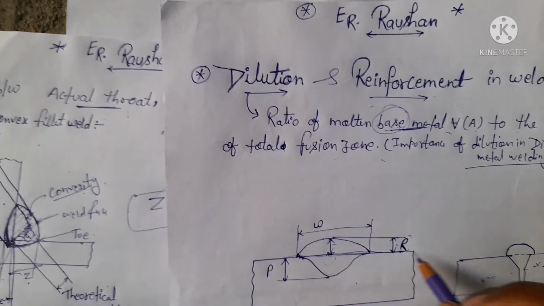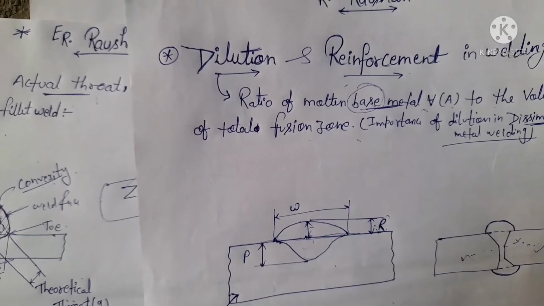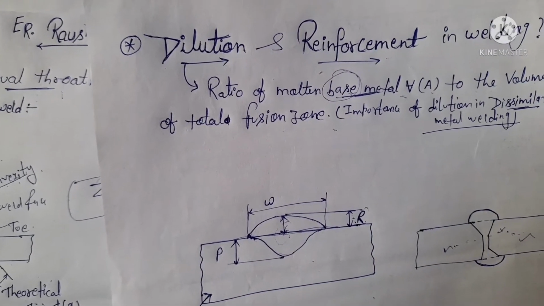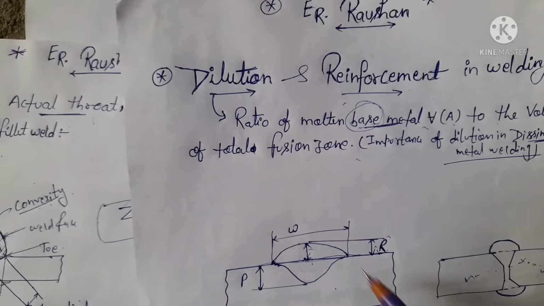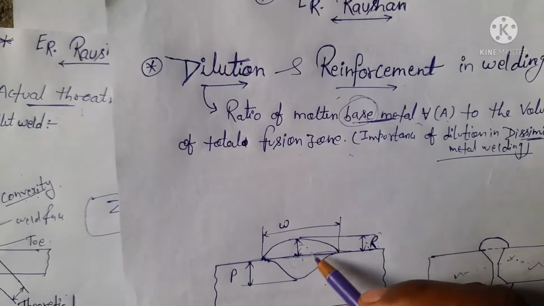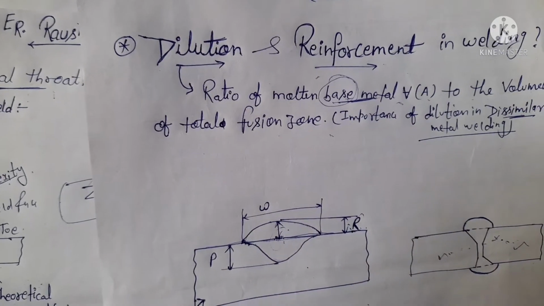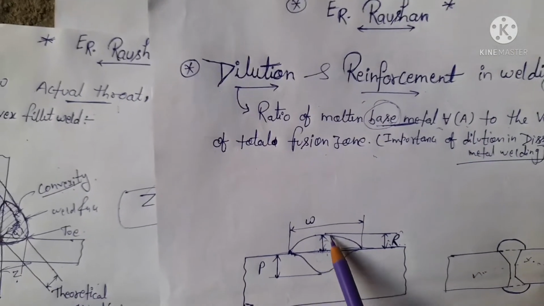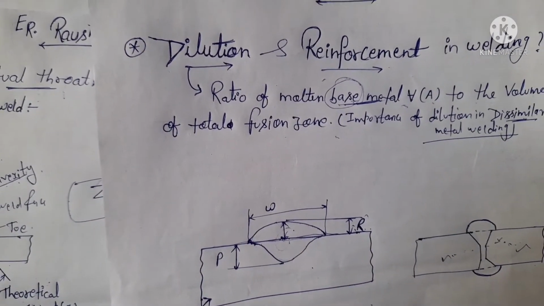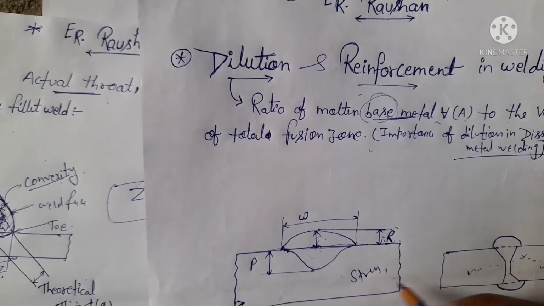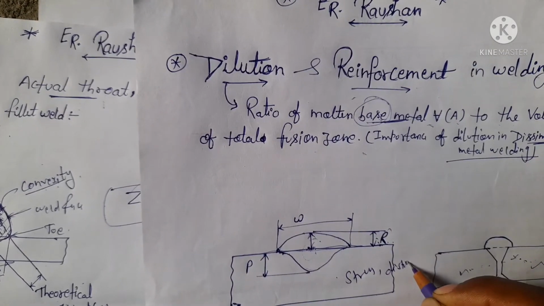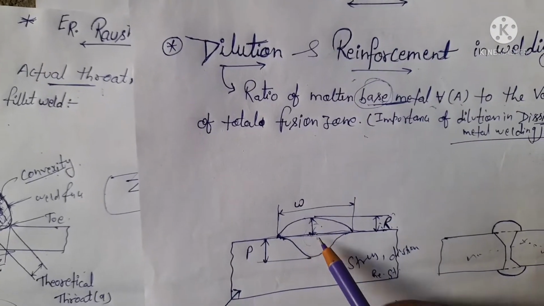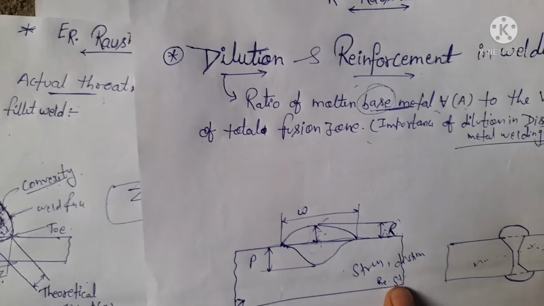This extra welding provides extra strength to the weld bead. But if the reinforcement is excessive, it may cause stress, distortion and residual stresses.